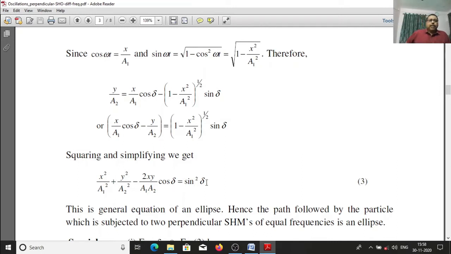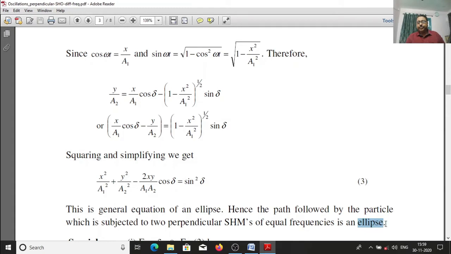This is the general equation of an ellipse. Hence the path followed by a particle subjected to two perpendicular simple harmonic motions of equal frequencies is an ellipse. It is very interesting. That means equation 3 represents the general equation of an ellipse.